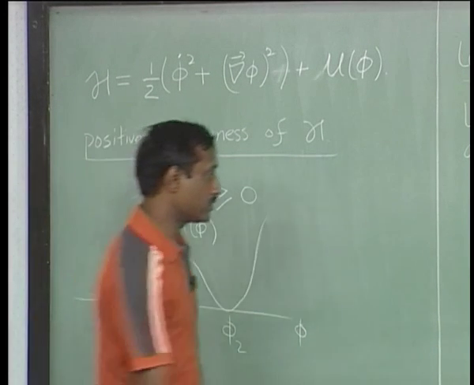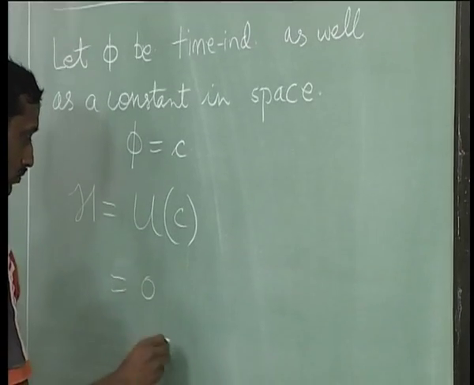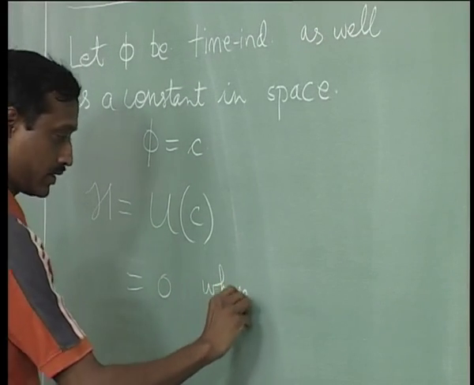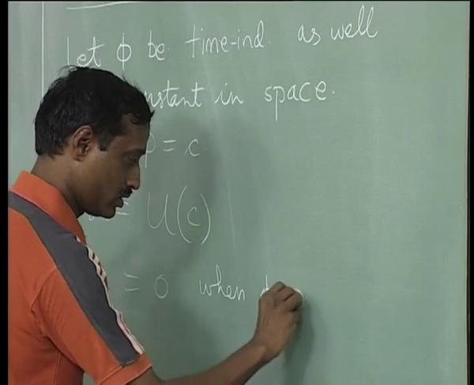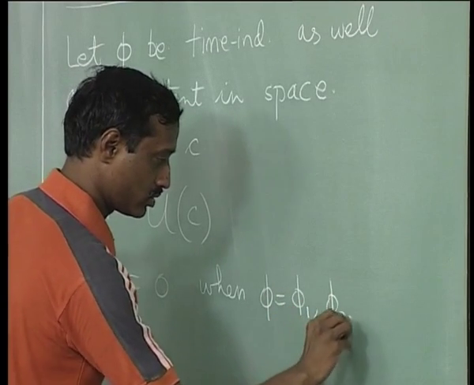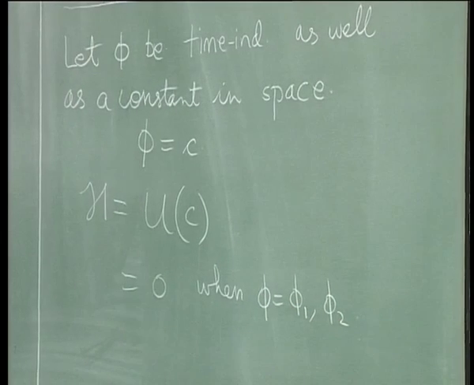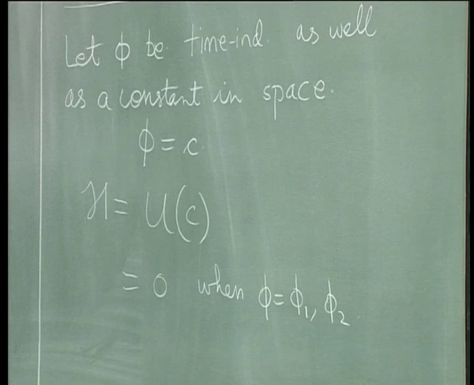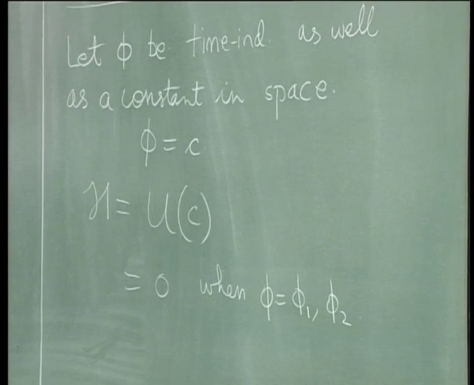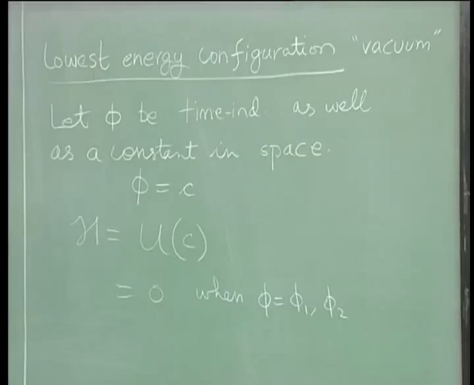Okay. So, this is equal to 0 when, in this example, more generally, when phi is equal to phi 1 everywhere, or phi is equal to phi 2 everywhere. Okay.